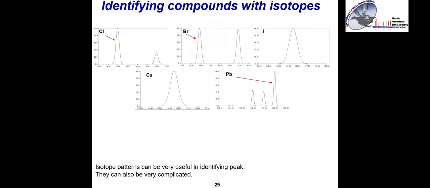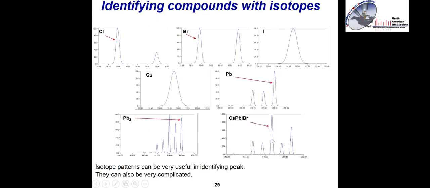As I mentioned, some of the inorganic species have very unique isotopic patterns. I've done some work recently with perovskite materials that have chlorine, bromine, iodine, lead, and cesium. And these spectra can be very complicated because you get combinations of all these different ions, but they have very unique isotopic patterns in some cases. And so, for example, when you see something like this, using isotopic calculators and the exact mass of the peak, you can determine that this is a Pb2 peak, which is the summation of the isotopic pattern from the two lead ions.